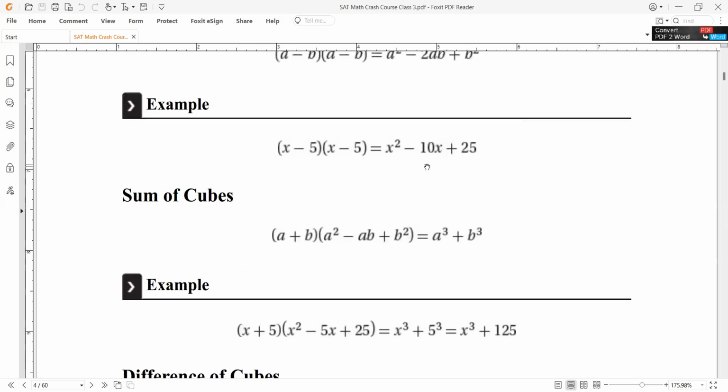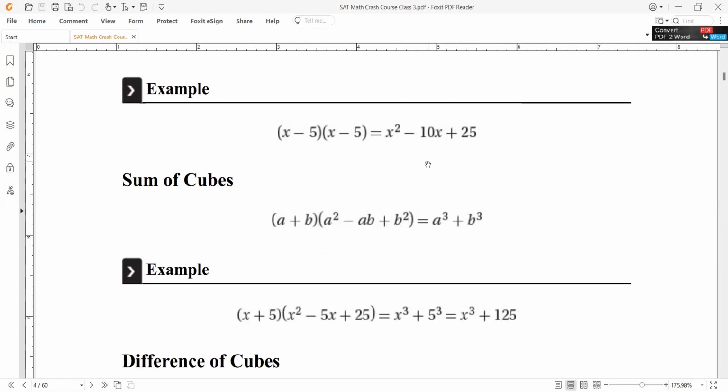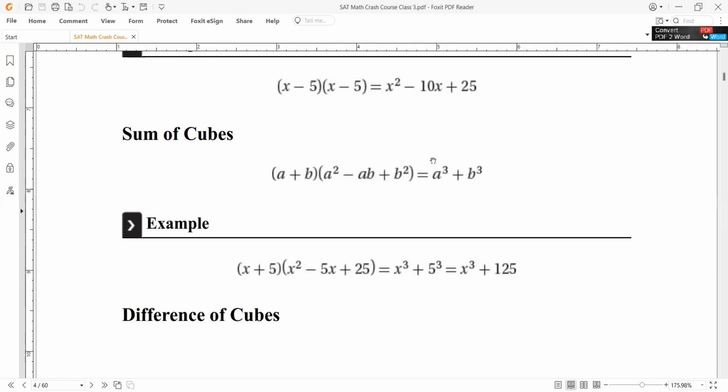These are some rules which can really help you to express the polynomial in the image of a product. So a cube plus b cube equals a plus b, a square minus ab plus b square.